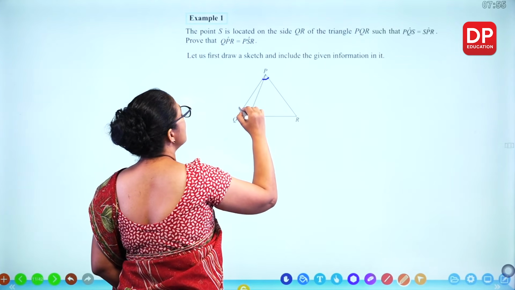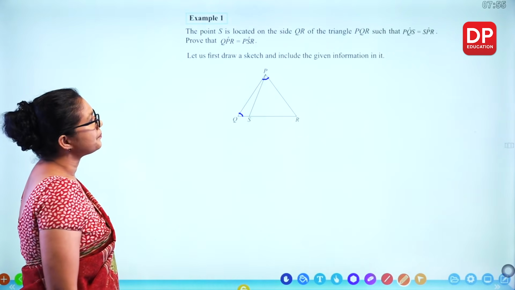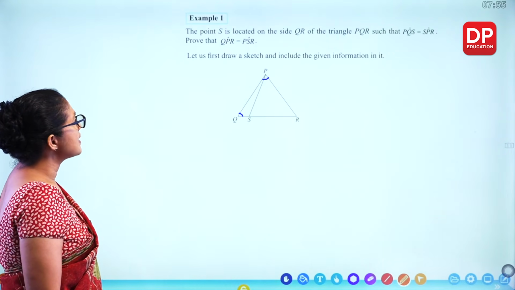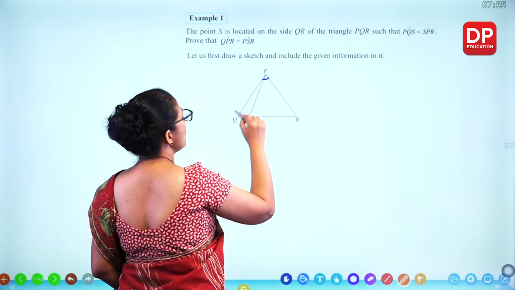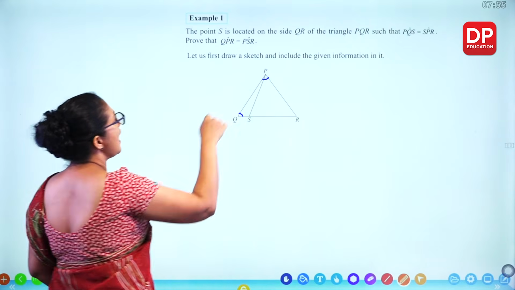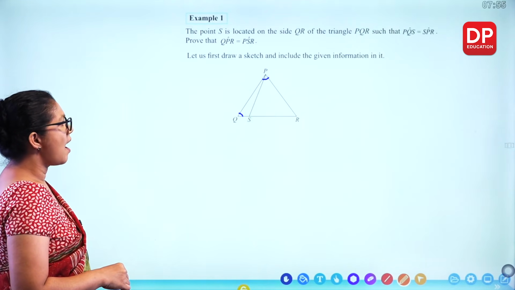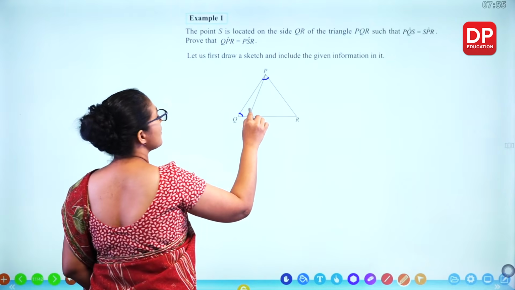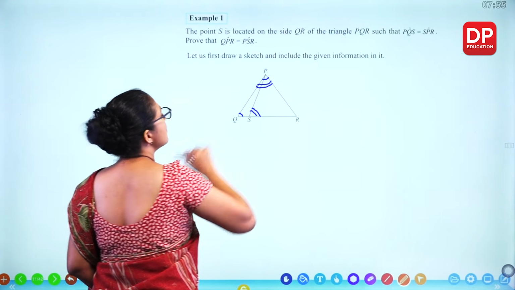So here this small angle is equal to that one. Prove that this full angle QPR is equal to angle PSR.